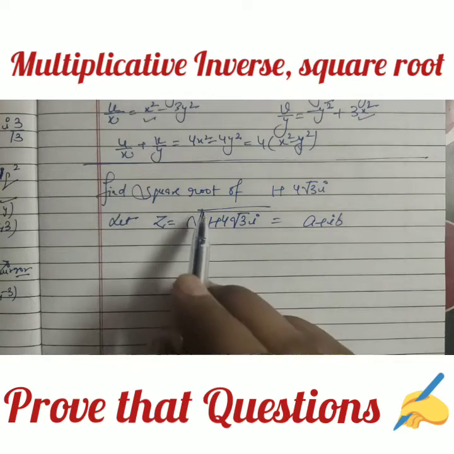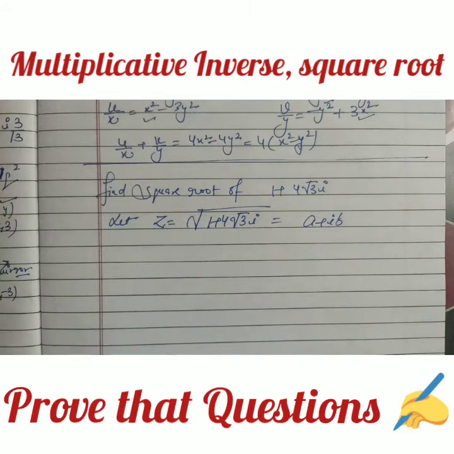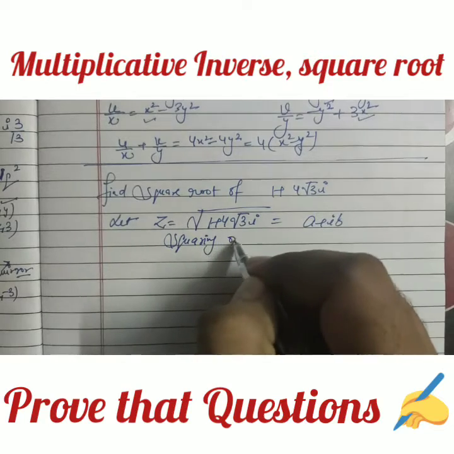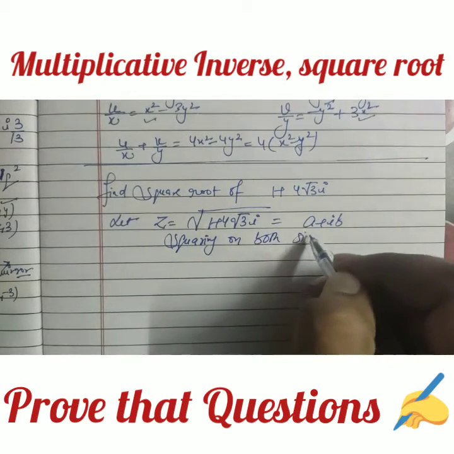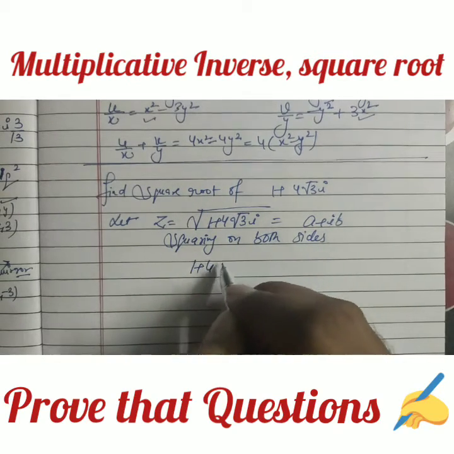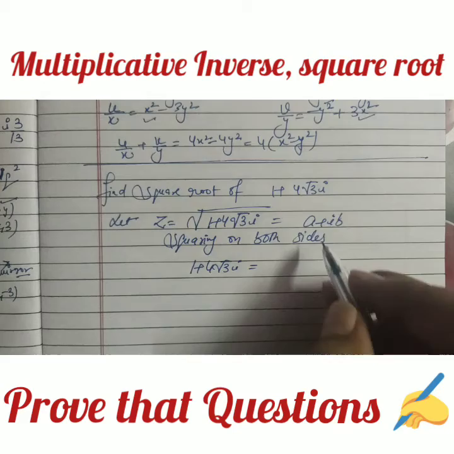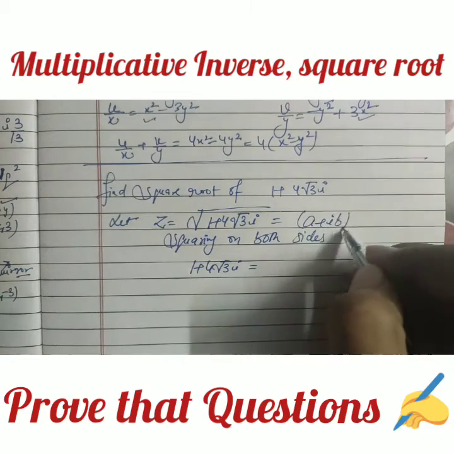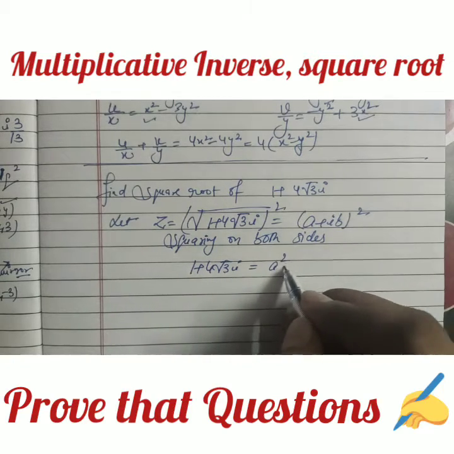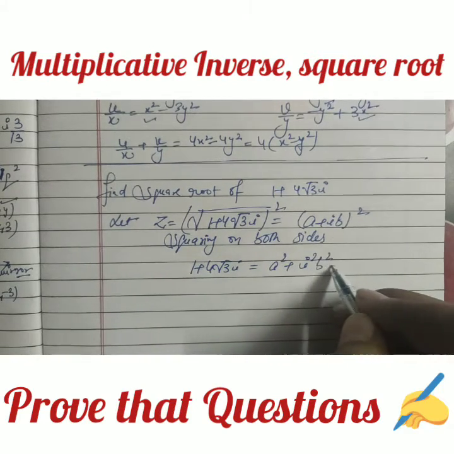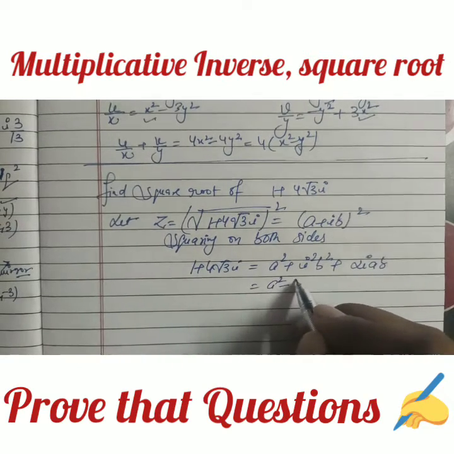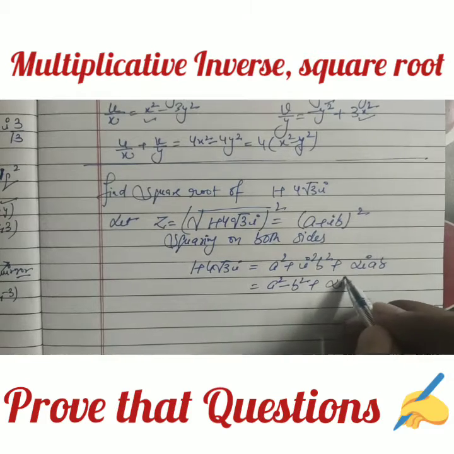To compare, we first remove the power, so squaring on both sides, the square root cancels out and we get 1 plus 4 square root 3 iota equal to (a plus iota b) whole square. It can be written as a square plus iota square b square plus 2 iota ab. Changing the value of iota square, we get a square minus b square plus 2 iota ab.